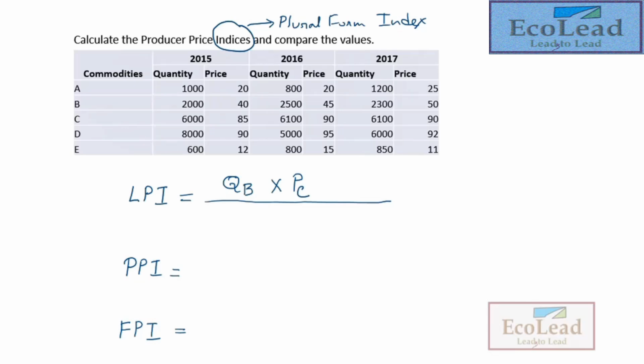In the denominator, we will have the quantity of the base period as well, but the price will be the base period price.